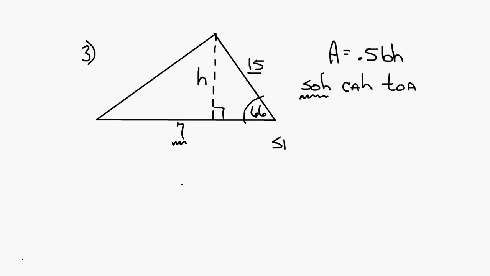So the sine of 66 is equal to opposite over the hypotenuse. So to solve for h, you can multiply both sides of that equation by 15. So 15 times sine 66 equals 13.7.